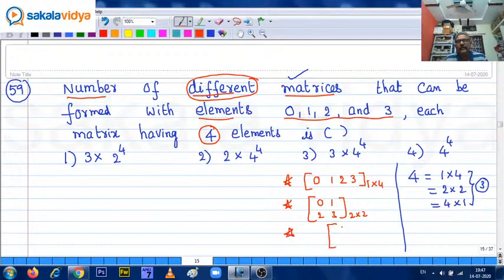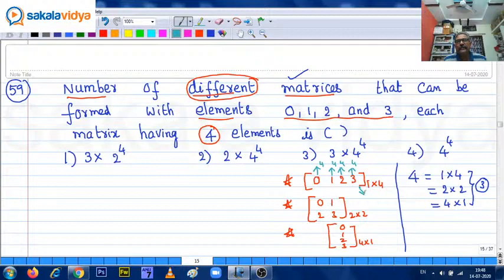Next, column matrix 0, 1, 2, 3. These are the possible ways we can form it. In the place of each entry, 0 may come, 1 may come, 2 may come, 3 may come. So this can be filled 4 ways, this 4 ways, this 4 ways, this 4 ways. In a similar manner, 4 ways, 4 ways.